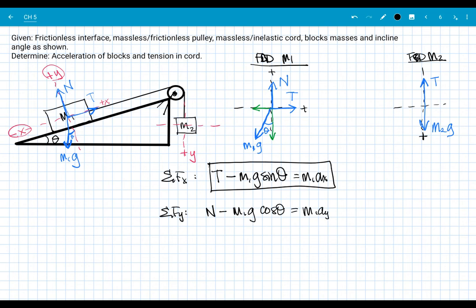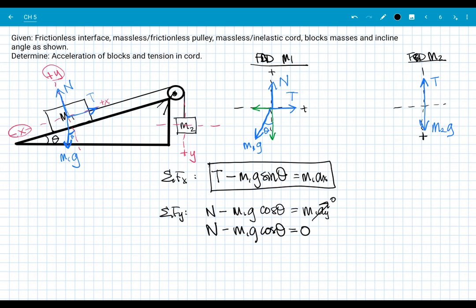What I want you to notice is that for this block M1, any acceleration that happens is happening parallel to the incline. There is no acceleration perpendicular to the incline, so the y acceleration is equal to 0. That tells me this equation just renders N minus M1G cosine theta equals 0.